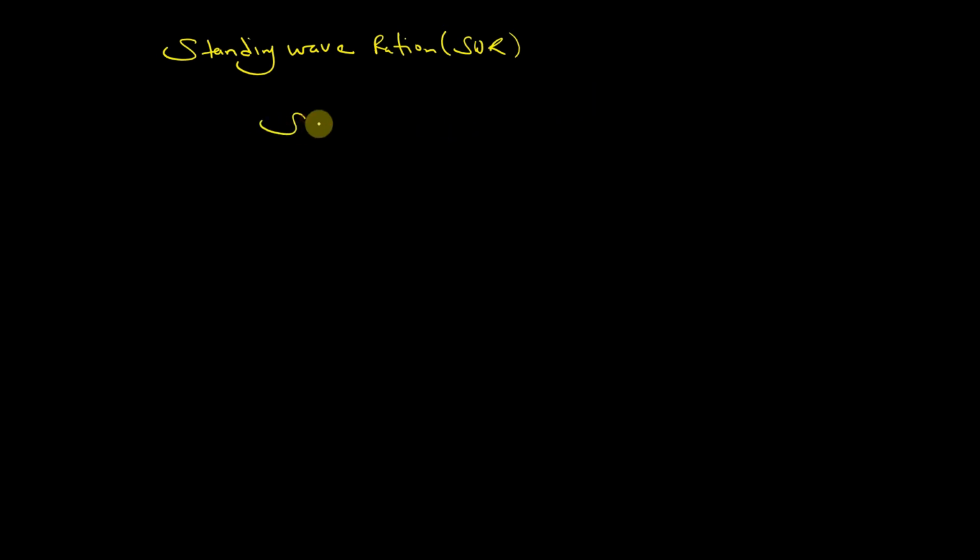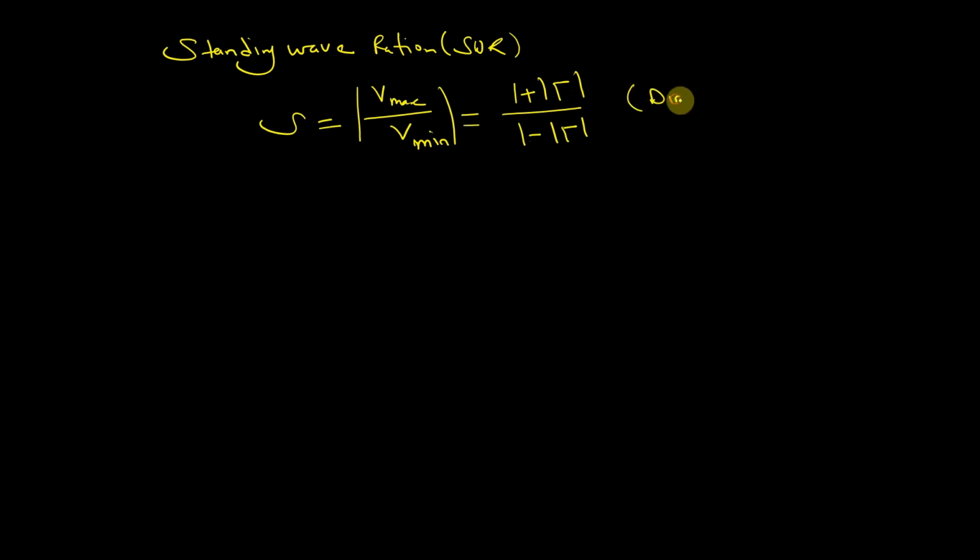So S is equal to mod V max divided by V min, which is equal to (1 plus mod gamma) divided by (1 minus mod gamma). The unit is dimensionless, as it is the ratio of the same quantity.